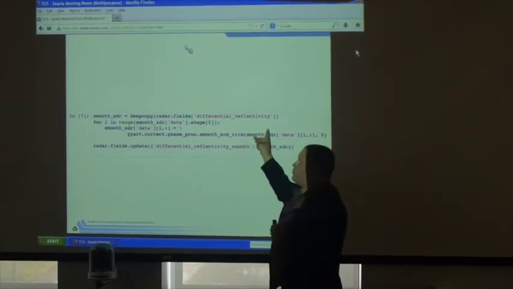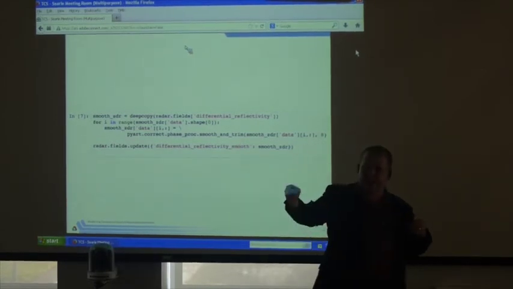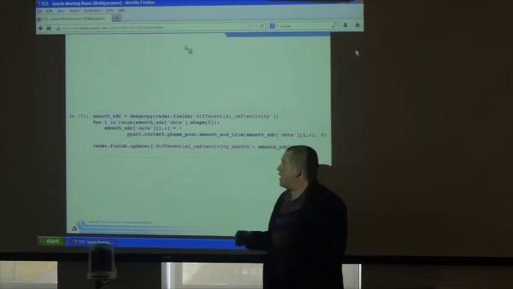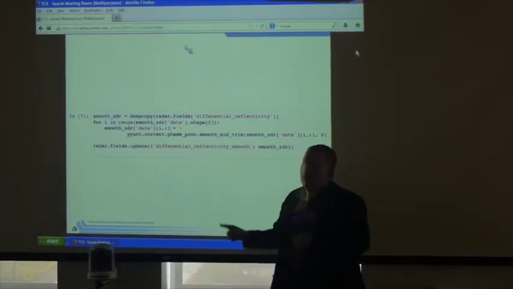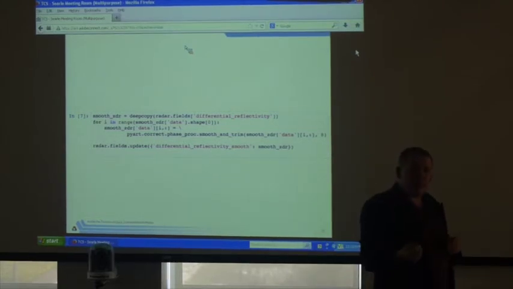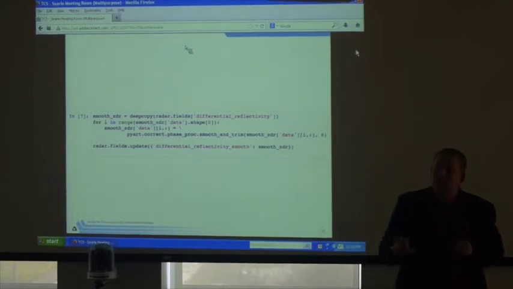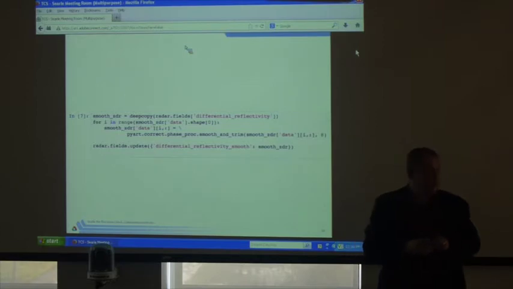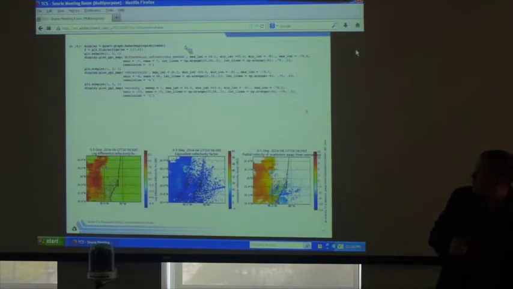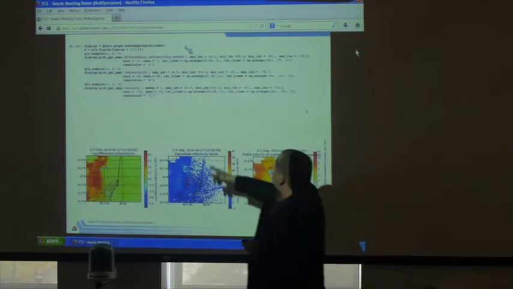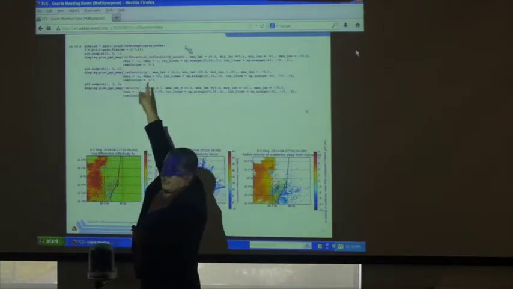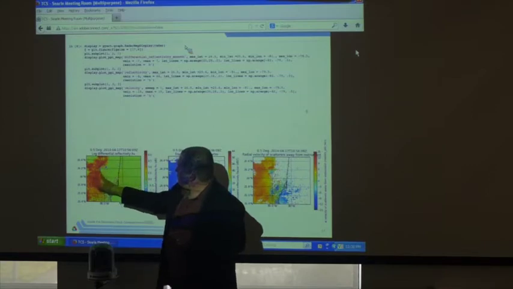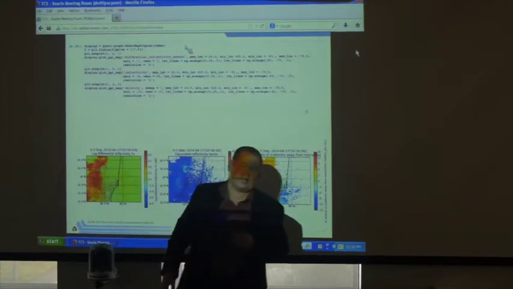What it actually does, the Butterworth smoothing, but also fixes up the end issue so it's the same length as the data we were dealing with before, and put that back into my common data model. The joy of this is once I do this, this data will actually work with all my other routines. The plotting and stuff like that will just work. So now you can see here I've changed differential reflectivity for differential reflectivity smooth. So now I can start to see a really nice signal in there.